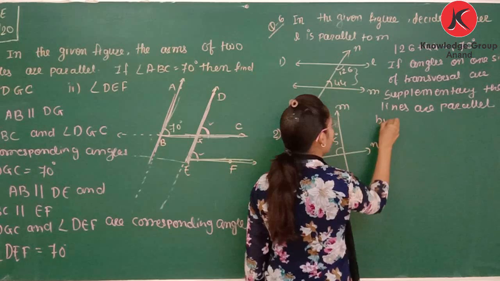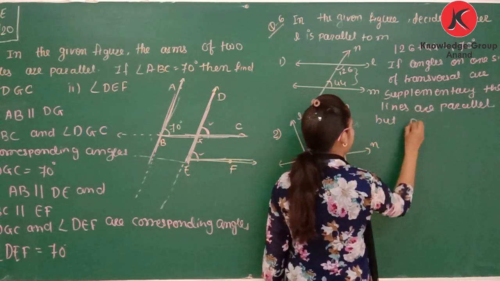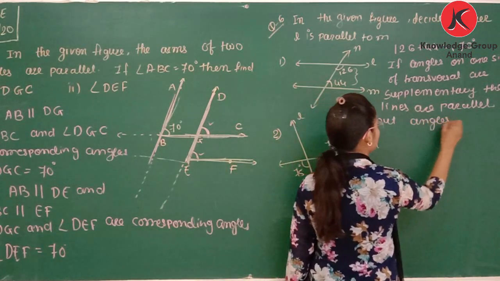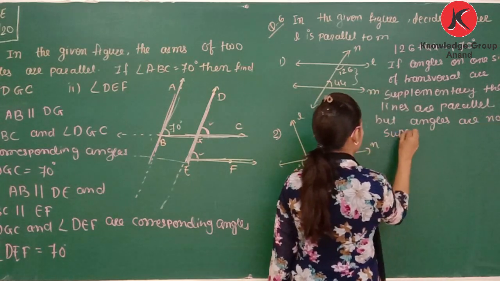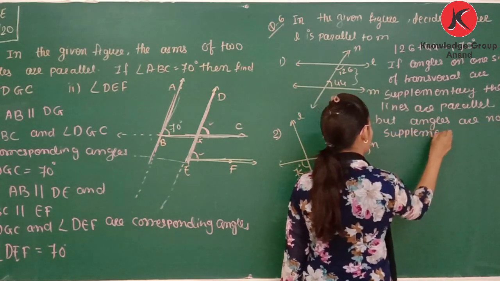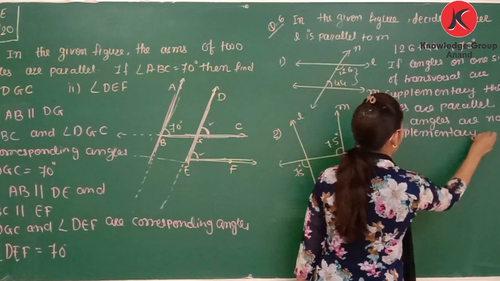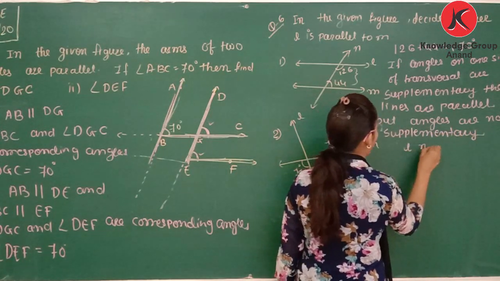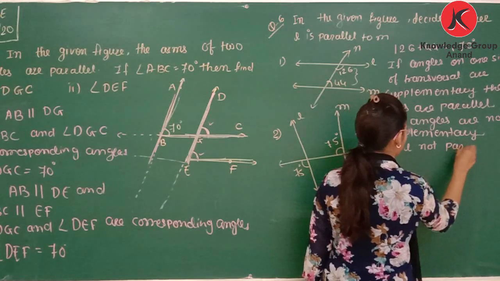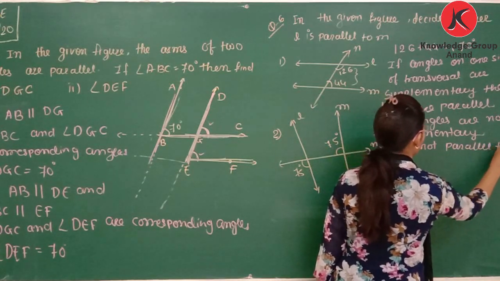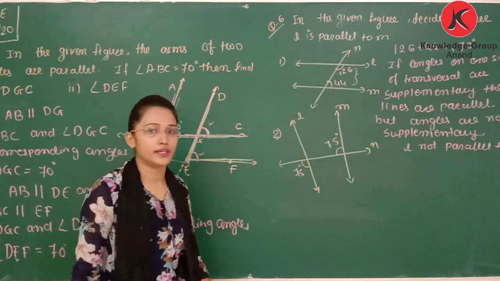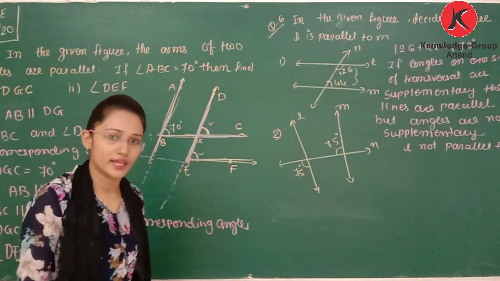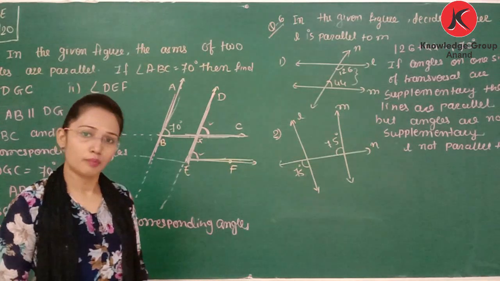But here the angles are not supplementary. So L is not parallel to M. Clear? Because it is 170, not 180. That's why they are not supplementary, and that's why the lines are not parallel.